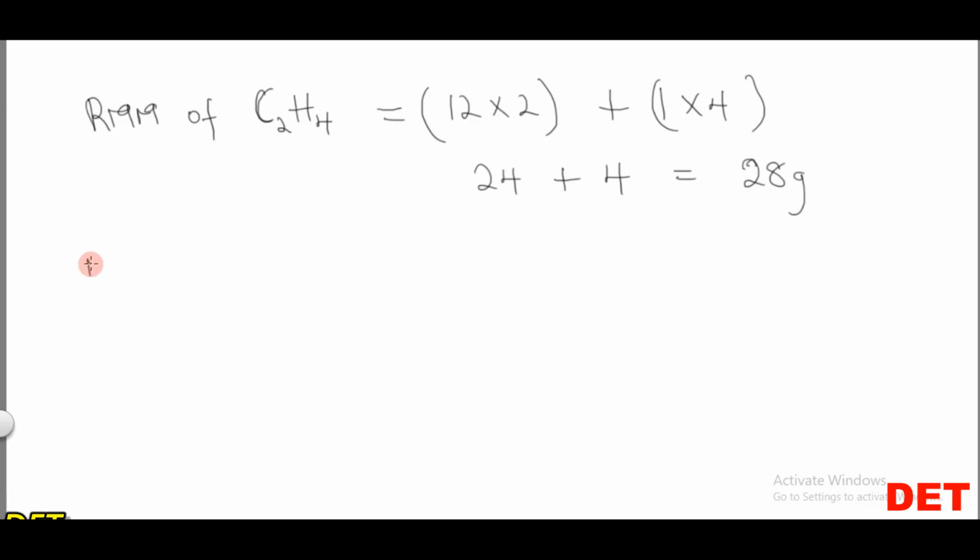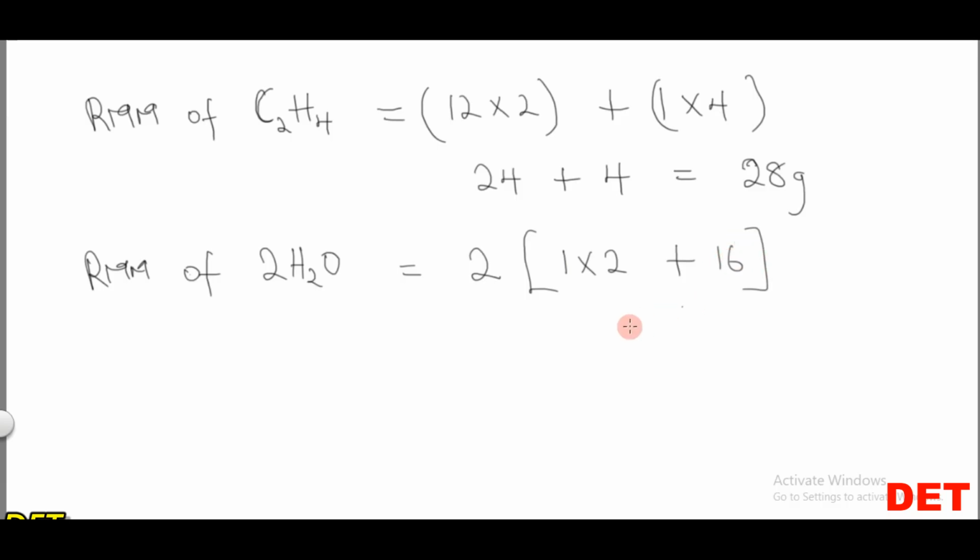The RMM of 2 molecules of water will be equal to 2, which is this 2, times, the relative atomic mass of hydrogen is 1, times the 2 atoms of hydrogen that I have there, plus the relative atomic mass of oxygen is 16, bracket close. So this will be 2, open bracket, 1 times 2 will give me 2. 2 plus 16 will give me 18. So 2 times 18 will be equal to 36 grams.